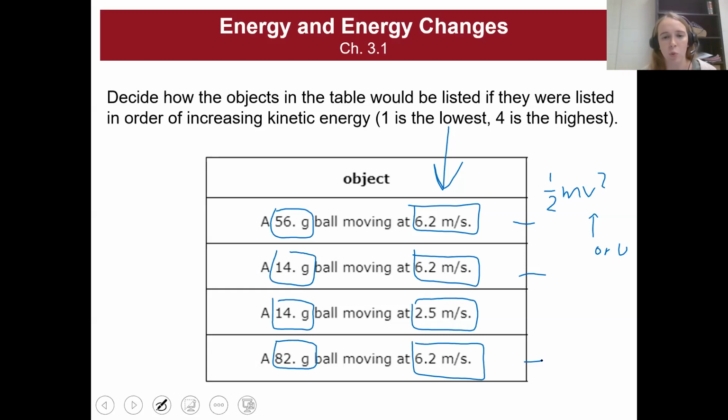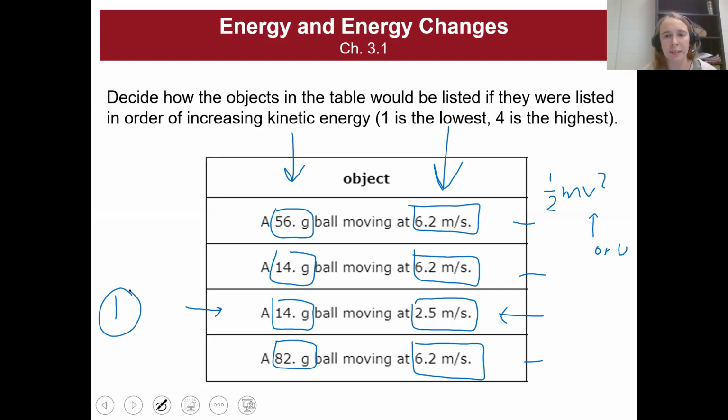So they're going to have more energy than this one, most likely. But let's look at the masses now. So the masses, our smallest mass is 14. So this guy right here is the smallest mass and the smallest velocity. So he's going to have the smallest energy. So he's number 1. Knocked that out right away.